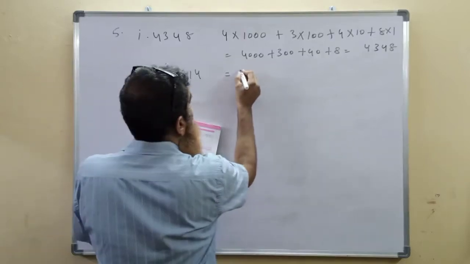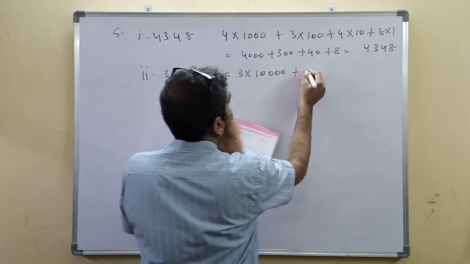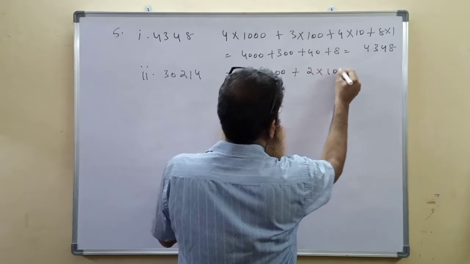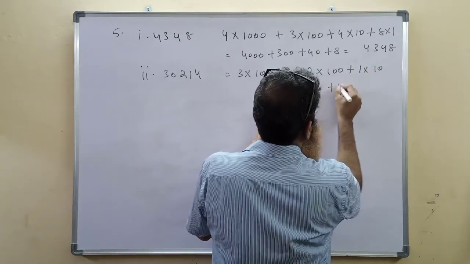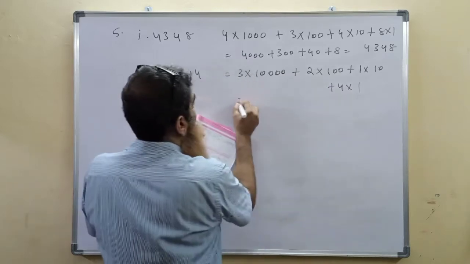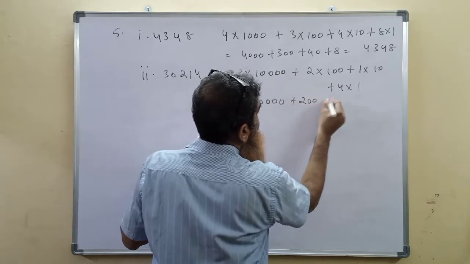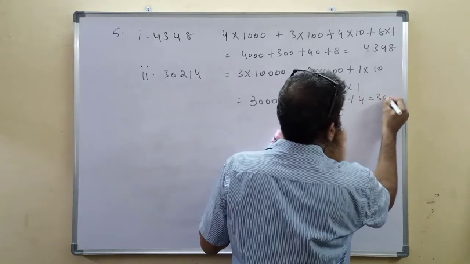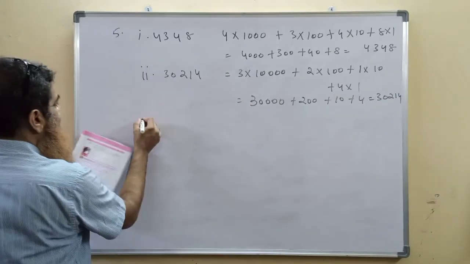So we have 3 into 10,000 plus nothing here. Then 2 into 100 plus 1 into 10 plus 4 into 1. So we have 30,000 plus 200 plus 10 plus 4, which is 30,214.